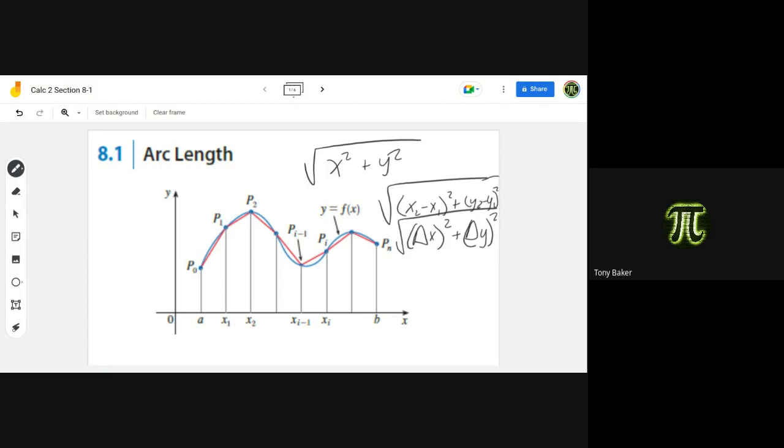That works really well when you have a straight line or a linear equation. When we start to look at a curve, we have multiple lines that we have to look at. This is where calculus comes into play, because calculus allows us to say what happens when those two points become infinitely close together.